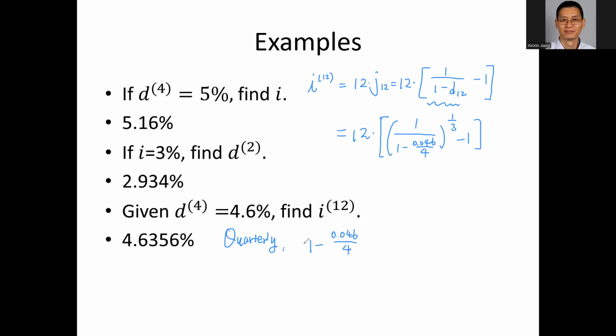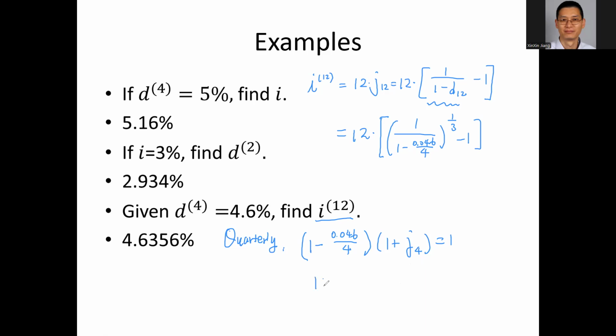This is our effective discount rate per quarter. It's effective, so I can do this: 1 plus J, that's quarterly, okay? That equals 1. And then I solve for J4. But you cannot simply multiply this by 4 to get I to the 12. You need to get the effective monthly rate, and then you multiply by 12.